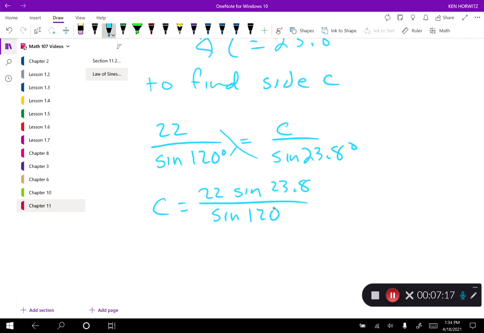Now, sine of 120 we know without a calculator, but sine of 23.8 we certainly do not know. So if your class is asked not to use a calculator, this is where you would leave it. If you're allowed to use a calculator, you can give me an estimate of this side. Usually I would go to the tenths or the hundredths. Let's go to the tenths for today. Why don't you take a moment and get your answer, and I'll give you the answer on the back end.